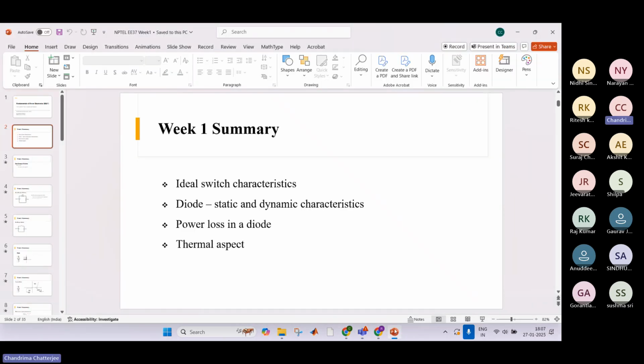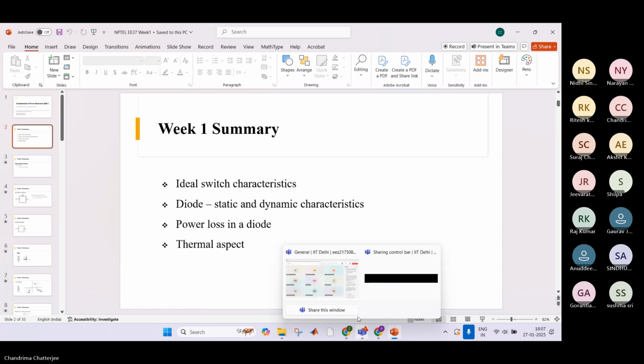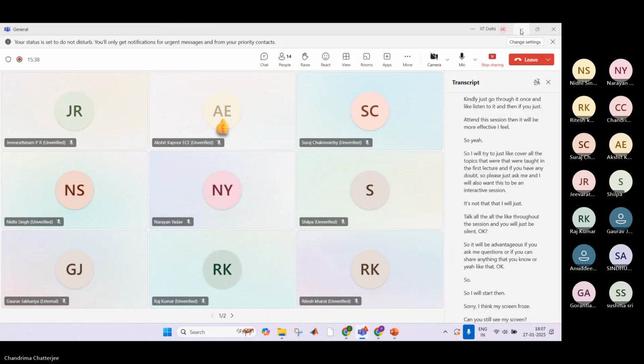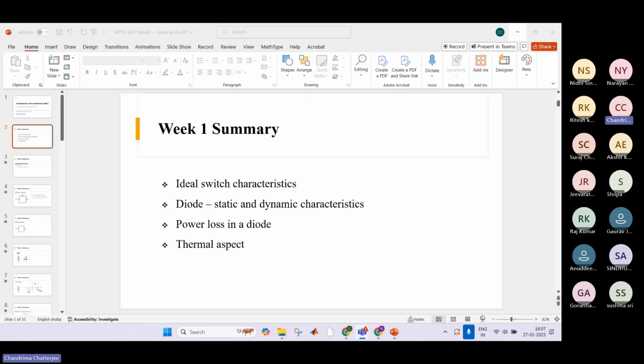Can you still see my screen? Yeah, okay, fine.